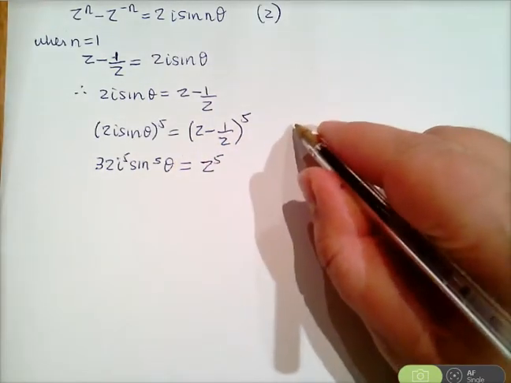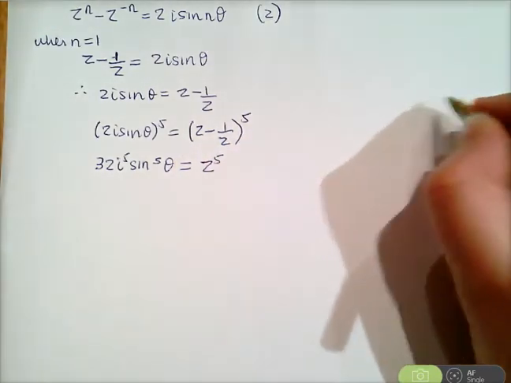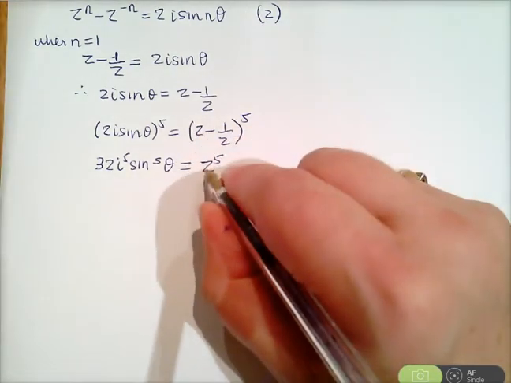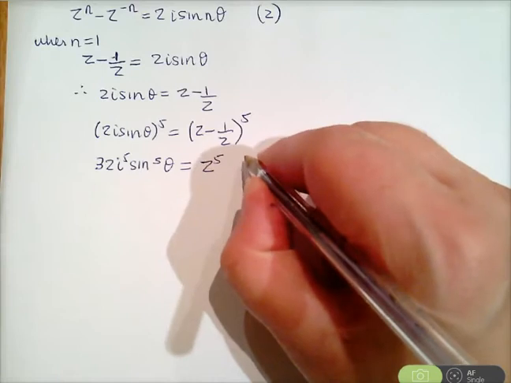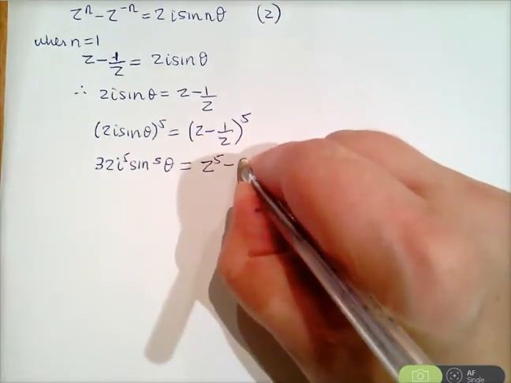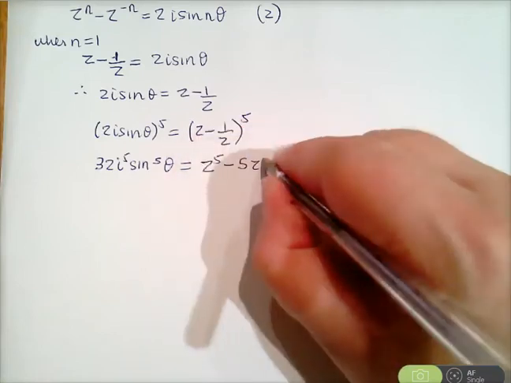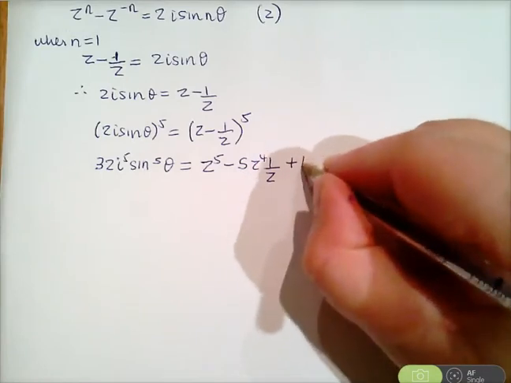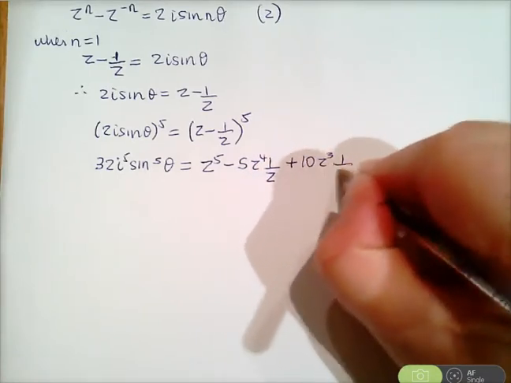Remember, we're going to use Pascal's triangle, which is 1, 5, 10, 10, 5, 1. They're the coefficients. But because we've got z minus 1 on z, the first term's positive, then the second one's negative, then positive, negative, etc. So we've got minus 5, bring this power of z down by 1, z to the 4 times 1 over z. Then we've got plus 10, z to the power of 3 times 1 on z squared.